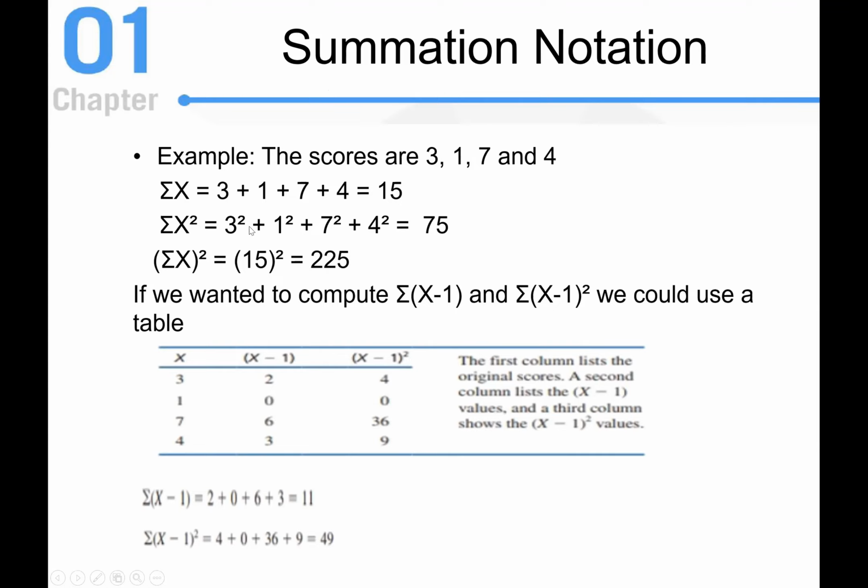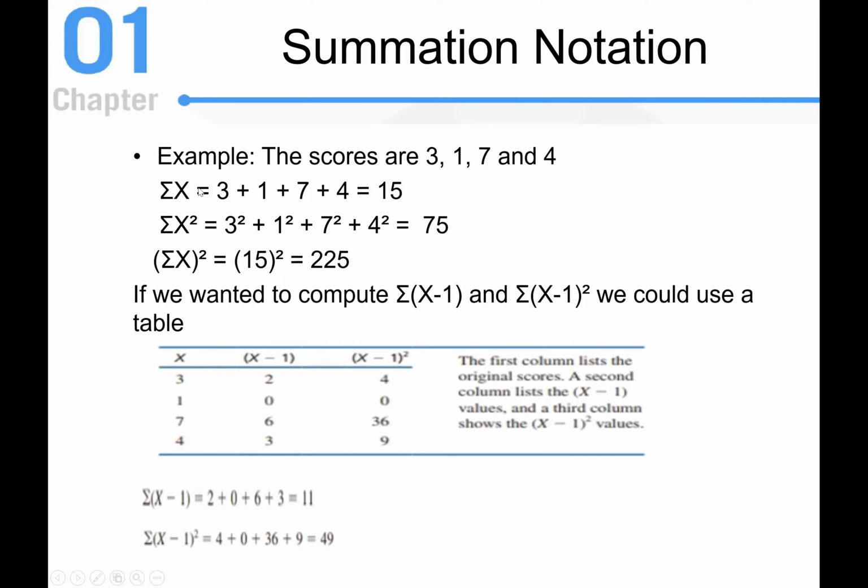So 3 squared, right? 1 squared, 7 squared, and 4 squared. Once we get the squared amounts for those, the next operation says that we are going to sum those scores up. We're going to add those scores up. So 3 squared plus 1 squared plus 7 squared plus 4 squared gives us 75.